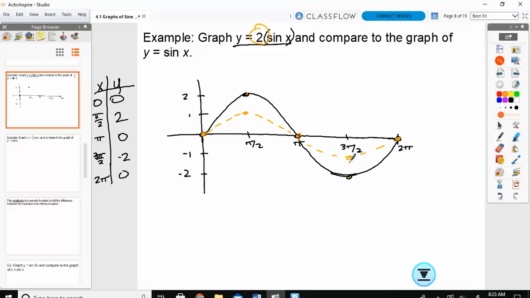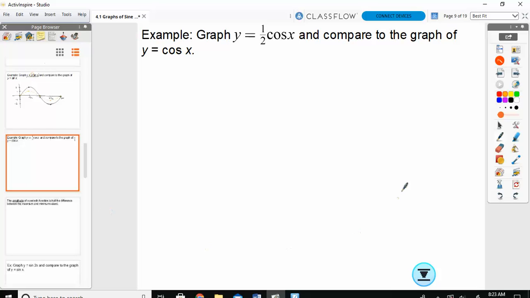Let's look at 1/2 cosine of x. So we did one with sine, let's do one with cosine. Do you have any predictions what this will look like? Smaller, yeah.